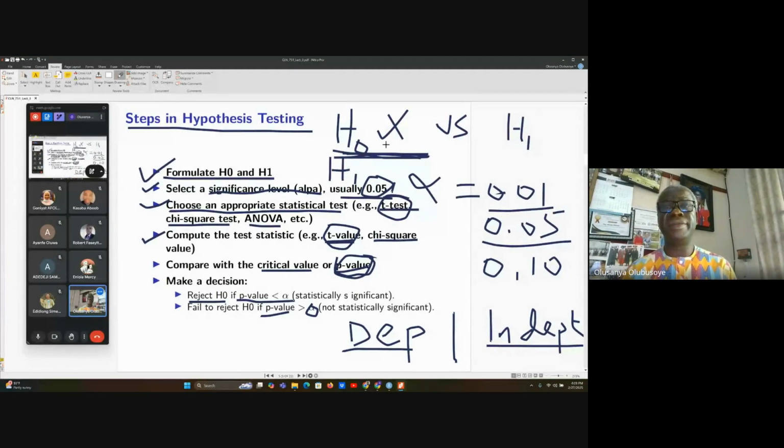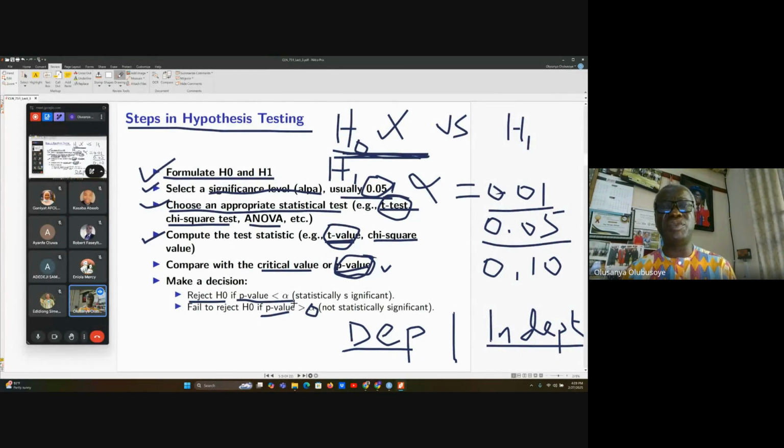So the decision is based on what happens when you compare the p-value with the alpha value.